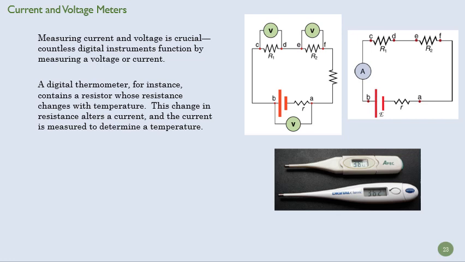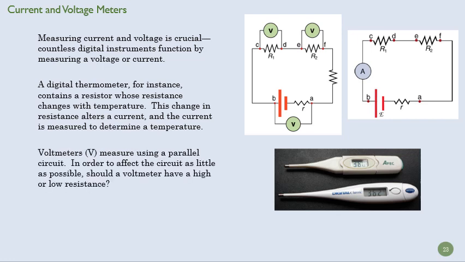First of all, just to give you an example, how does a digital thermometer work? Well, a digital thermometer has a resistor in here that is sensitive to temperature. And so if I heat it up, it's going to change the resistance of that resistor. So if I set a voltage across that resistor, and that resistance changes with temperature, I can then measure what the current is flowing through that circuit, and it's going to tell me what the temperature of the resistor is. And that's how a digital thermometer like that works.